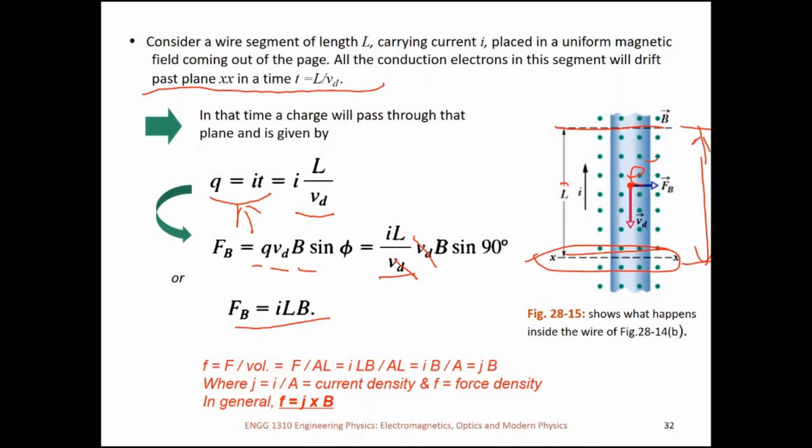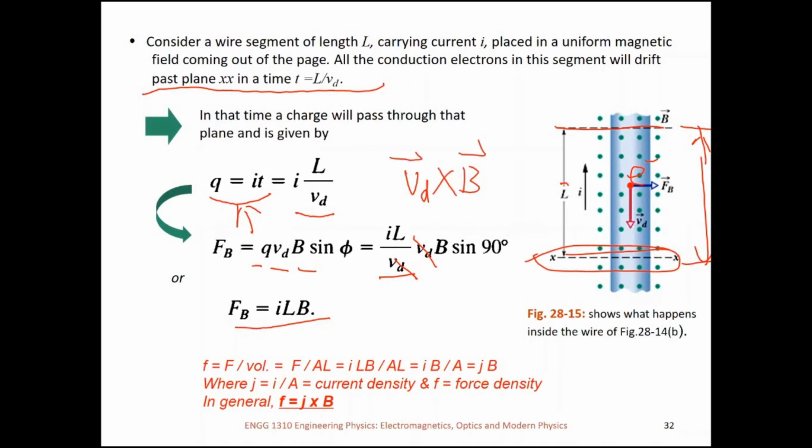So we can check the direction. FB's direction should be along the Vd cross product with B, right?